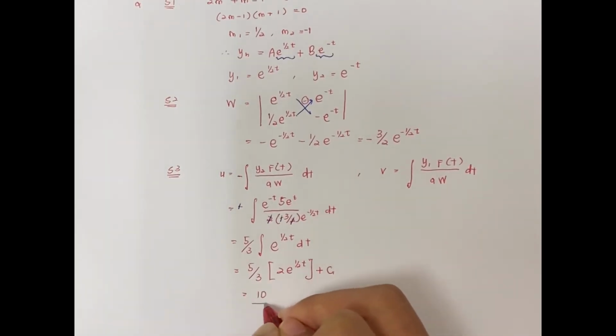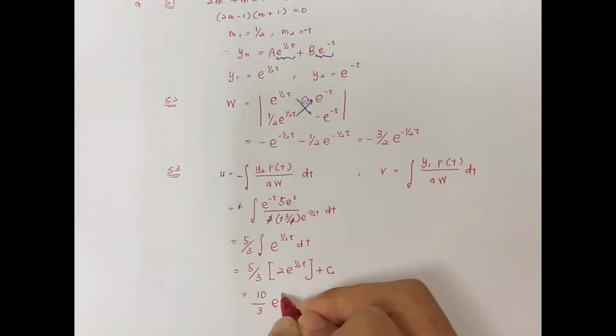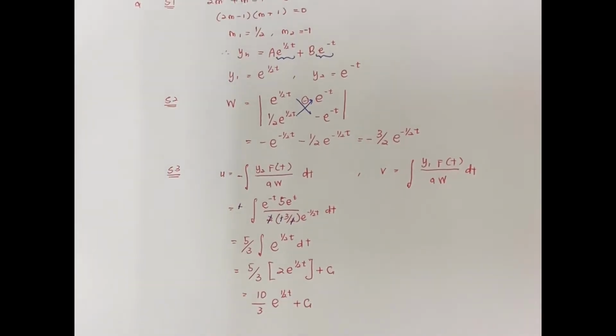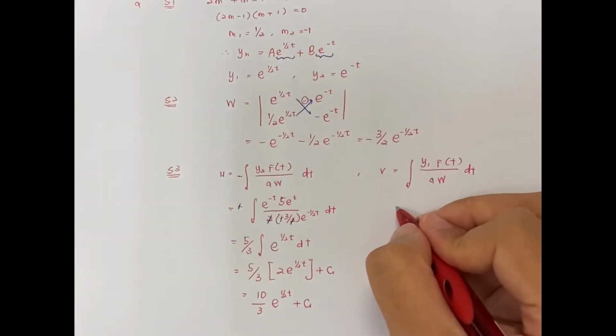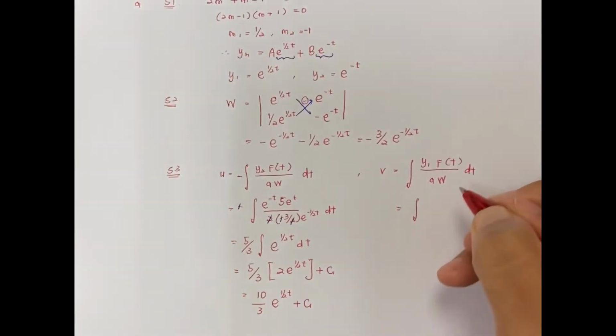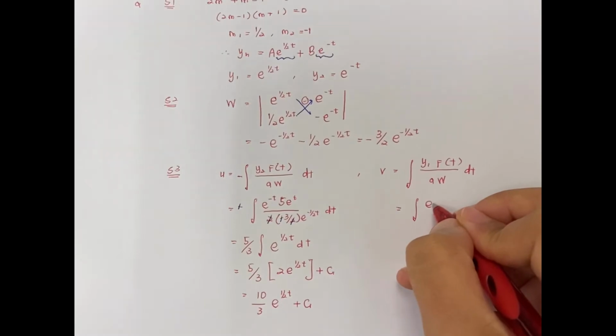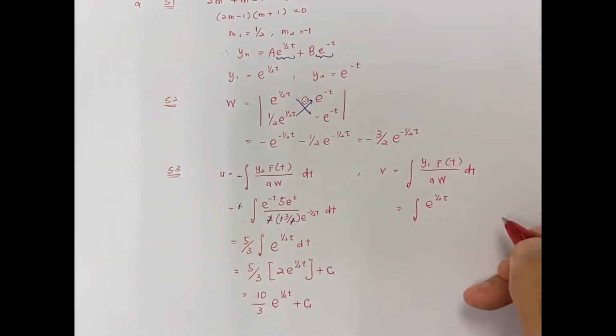For this, you have 10 over 3 exponent half t plus c1. Okay, then v, for v you have y1 exponent half t.